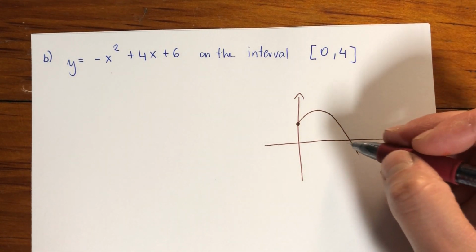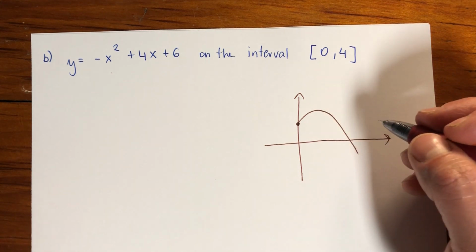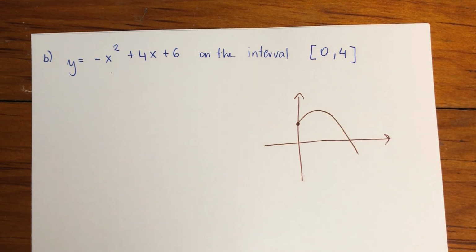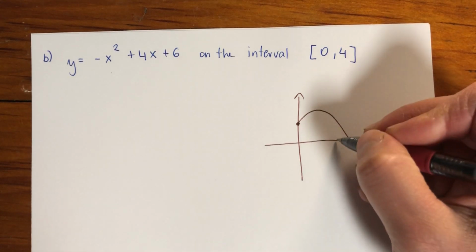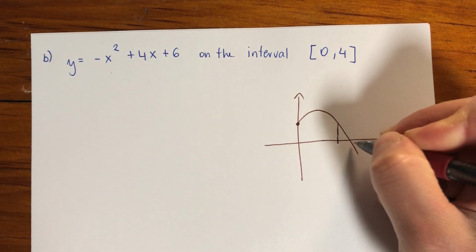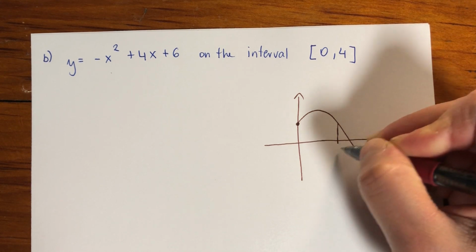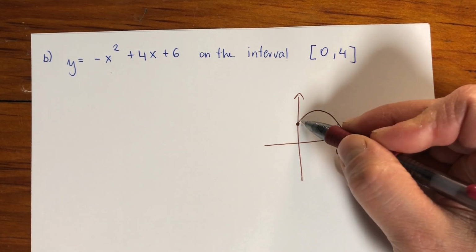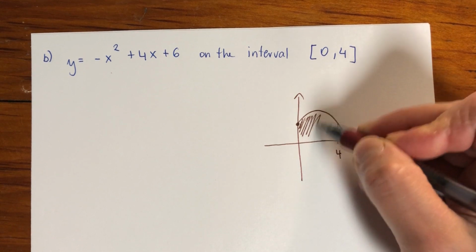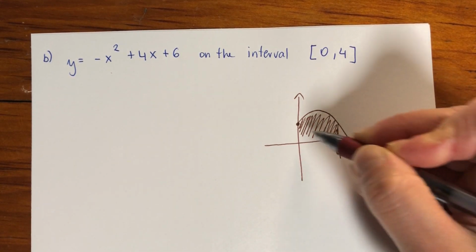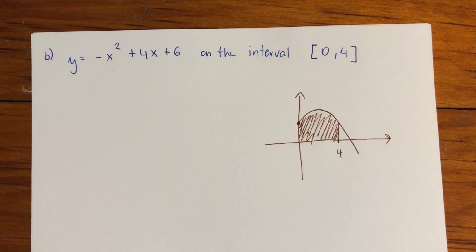It looks like this, and if you graph it on a graphing calculator, you are going to see that 4 is here. So the x-intercept is past 4. So what we are going to look for is this area between 0 and 4. So again, it's a nice area under the curve, and let's see what happens.